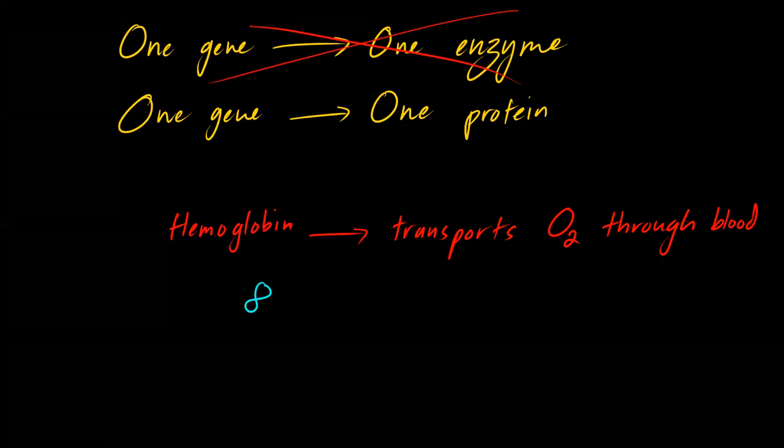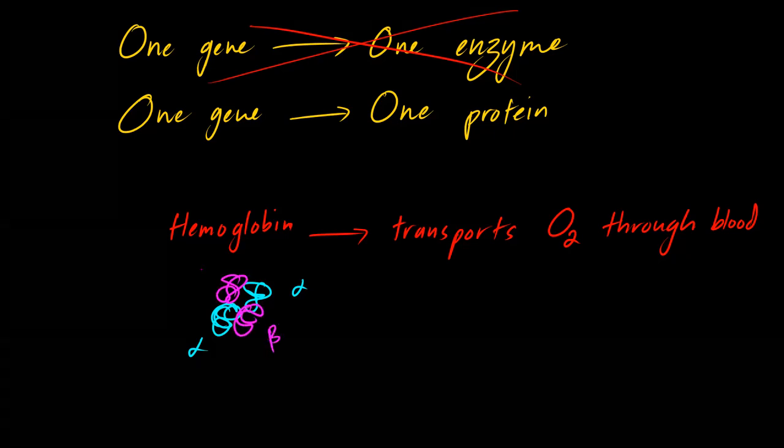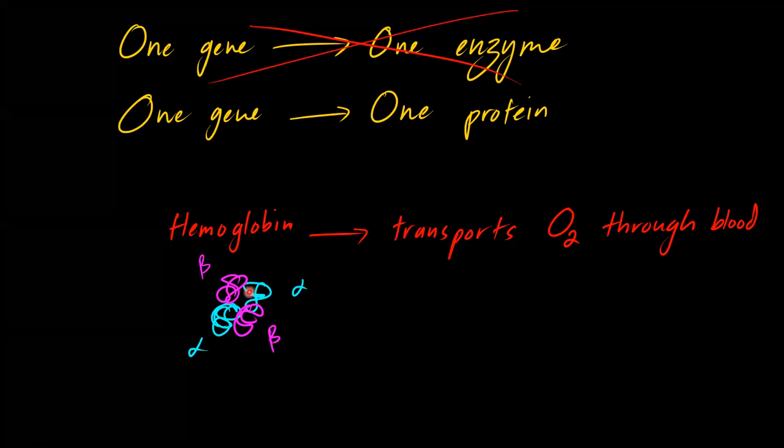Hemoglobin consists of 2 alpha polypeptides and 2 beta polypeptides. So this protein consists of 4 polypeptides or 4 subunits. 2 alpha, they are the same, and 2 beta.